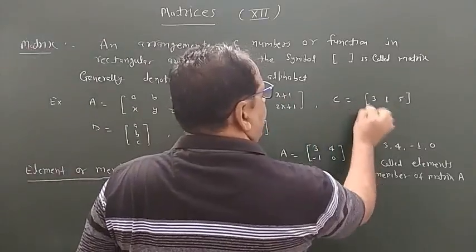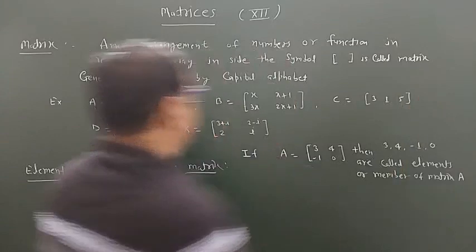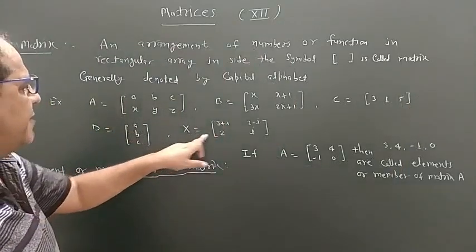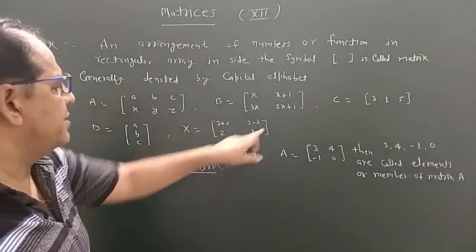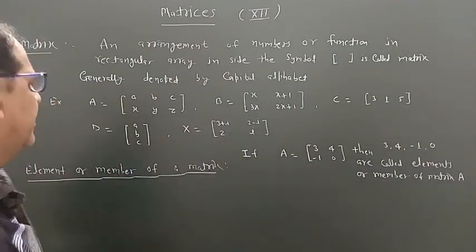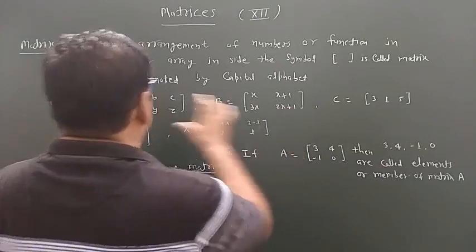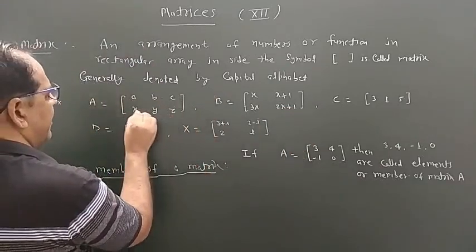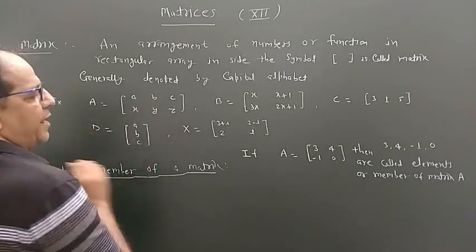C equal to the matrix 3, 1, 5. D equal to the matrix A, B, C. Matrix X equal to 3 plus i, 2 minus i, 2, and i. So these are some examples in which we observe the elements are arranged in a rectangular array.